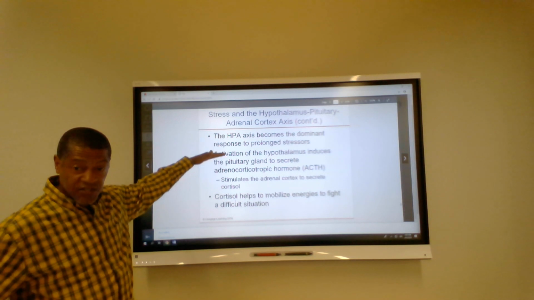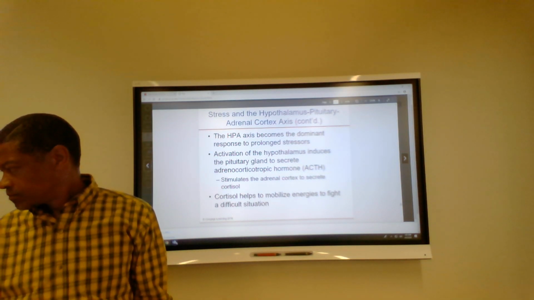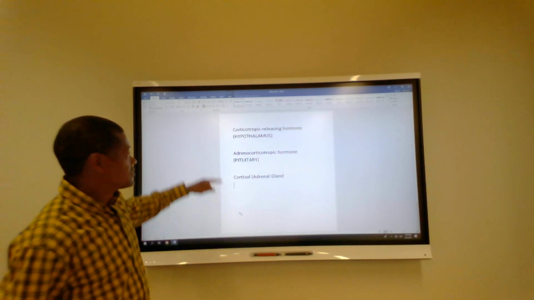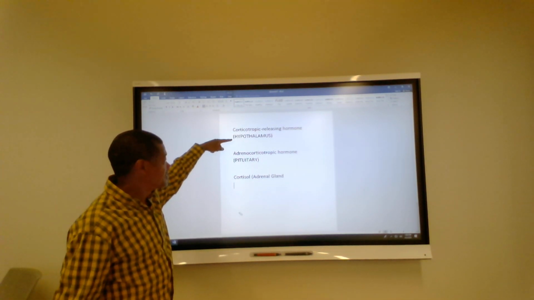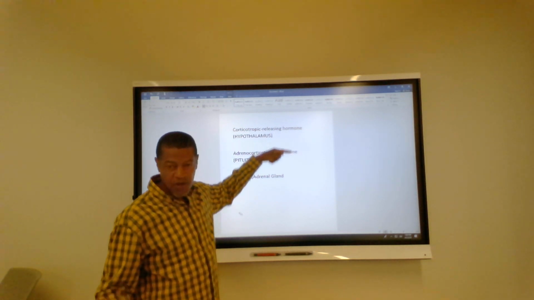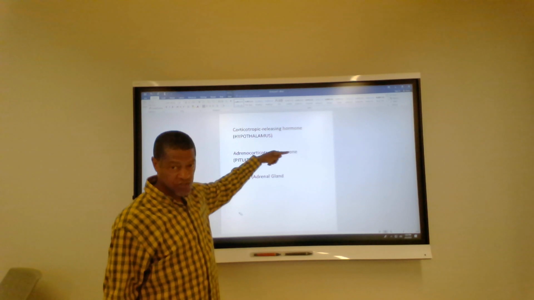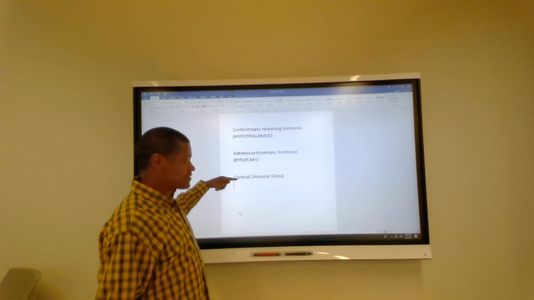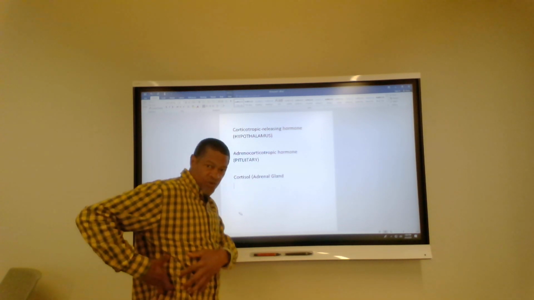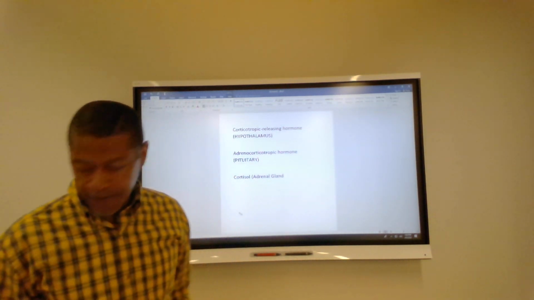So when you read this slide right here, all we're saying is that from the hypothalamus, the chemical is corticotropin releasing hormone. From the pituitary, the chemical is adrenocorticotropic hormone. And then they talk to the adrenal glands to kick in cortisol, to get you ready for the stress response.